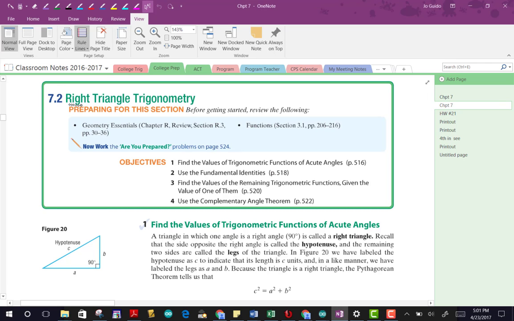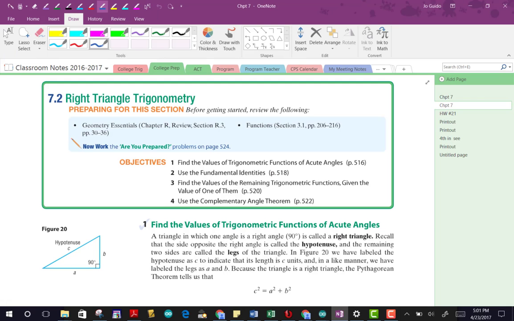In section 7.2, we want to continue to find the values of the trig functions for acute angles.